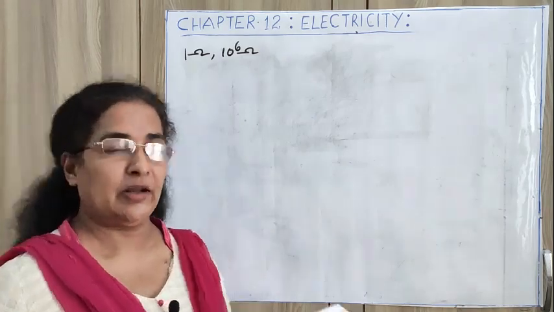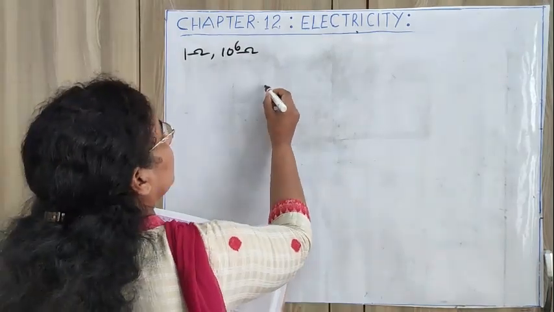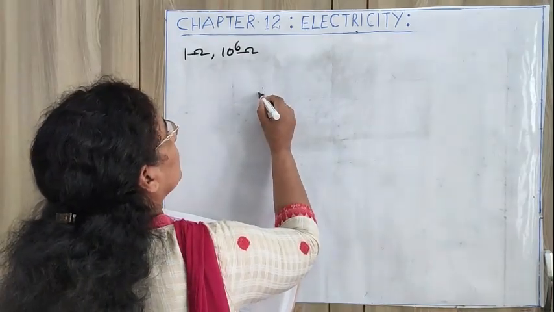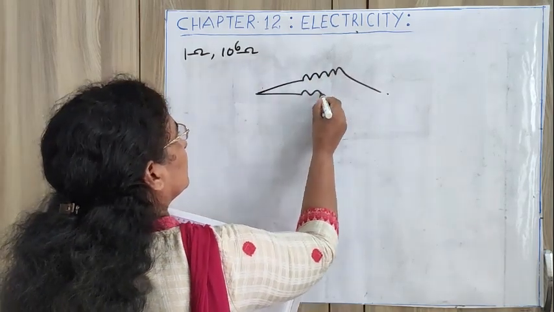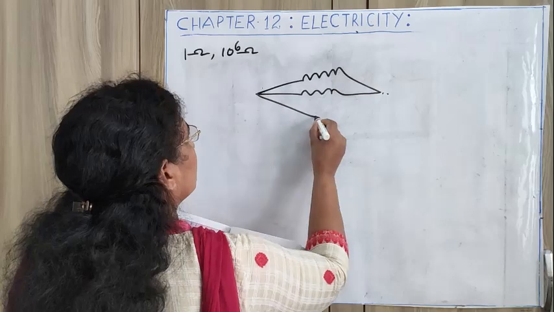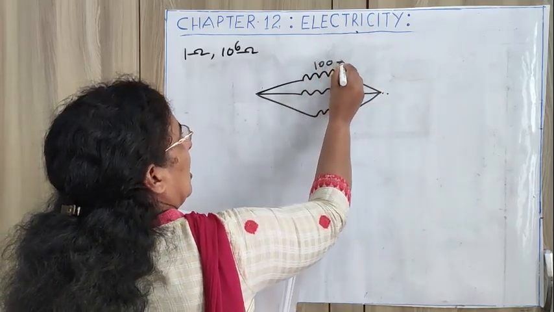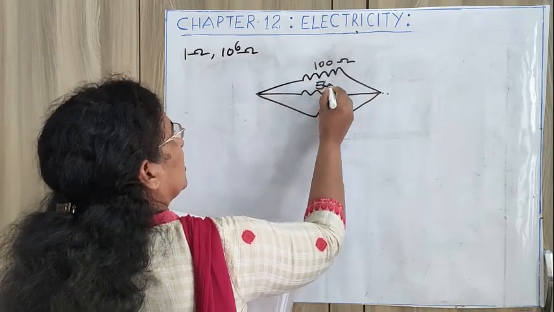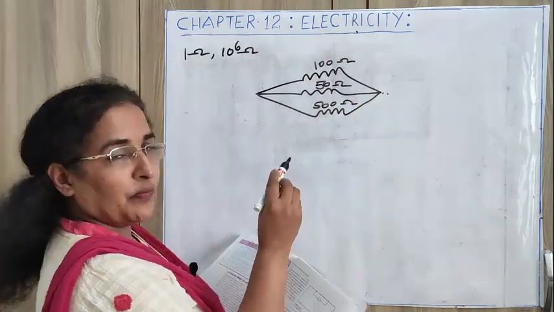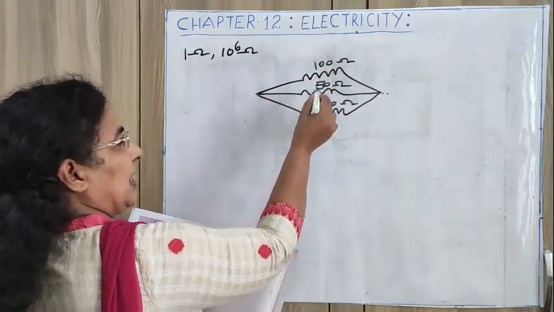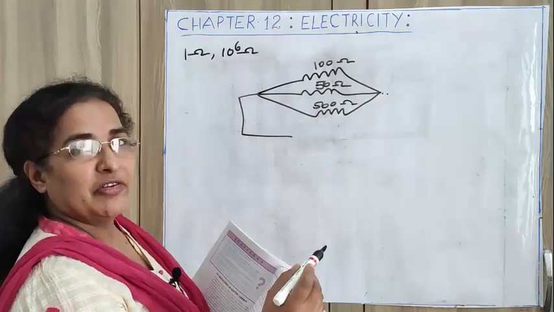So I will draw the diagram here. 3 resistors are there. The first one is 100 ohm, second one is 50 ohm and the third one is 500 ohm, which is connected. These all are connected parallel. Parallel to what? Parallel to a source of energy.